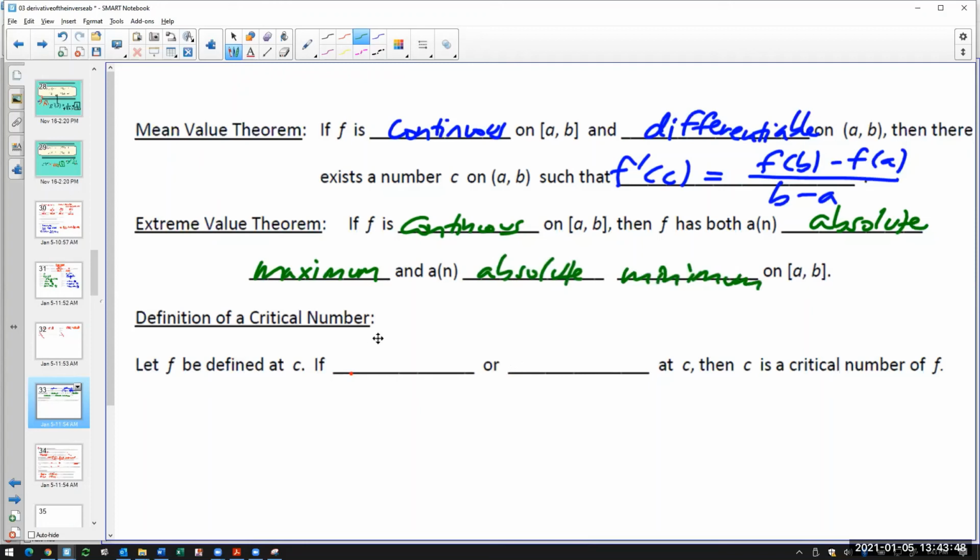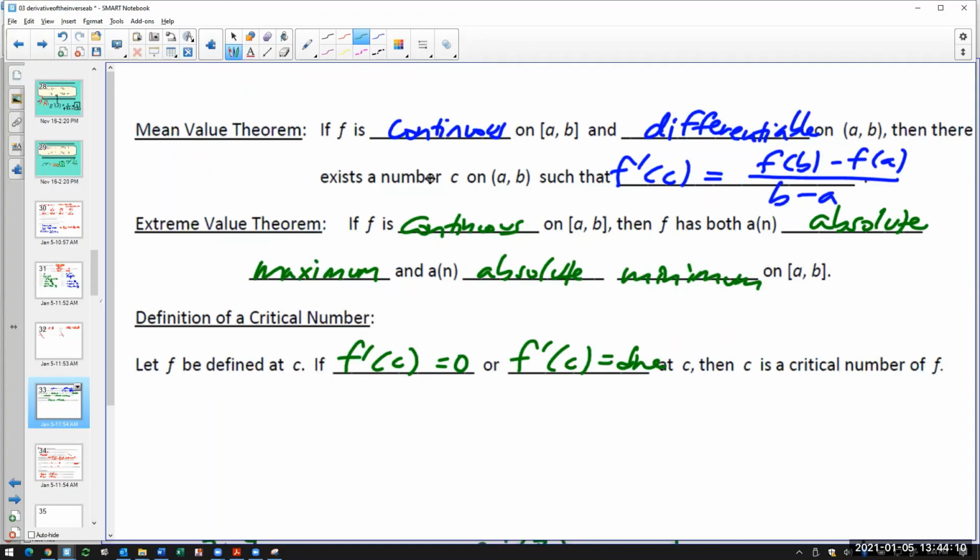Okay, the definition of a critical number, guys, this says if f prime at some c is equal to 0, or if the derivative at some c is equal to DNE, those are where your critical numbers are. Remember how we would set f prime equal to 0 or DNE to find our critical numbers? That's what this is. Okay, that's good.